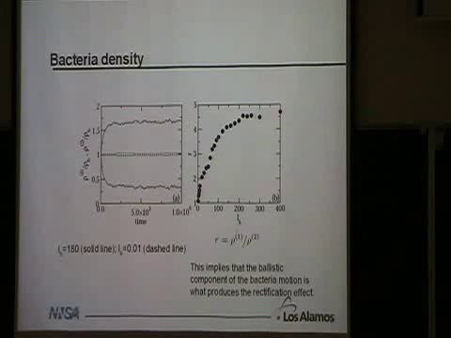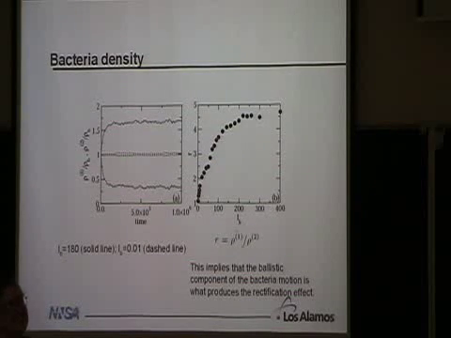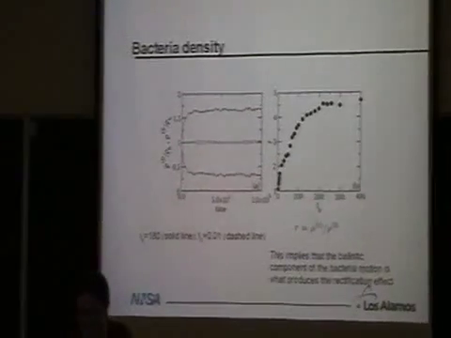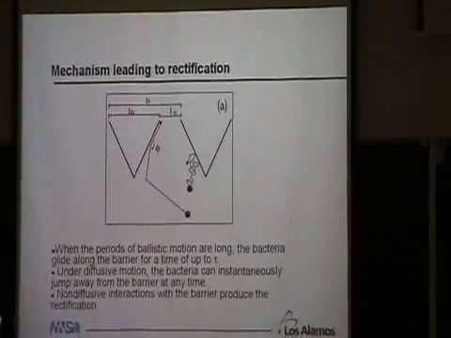Okay, you've got a question? Yeah. So when you said that the important thing is that the distance they travel during the run has to be long compared to the asymmetry of the barrier. Let me show the next slide.